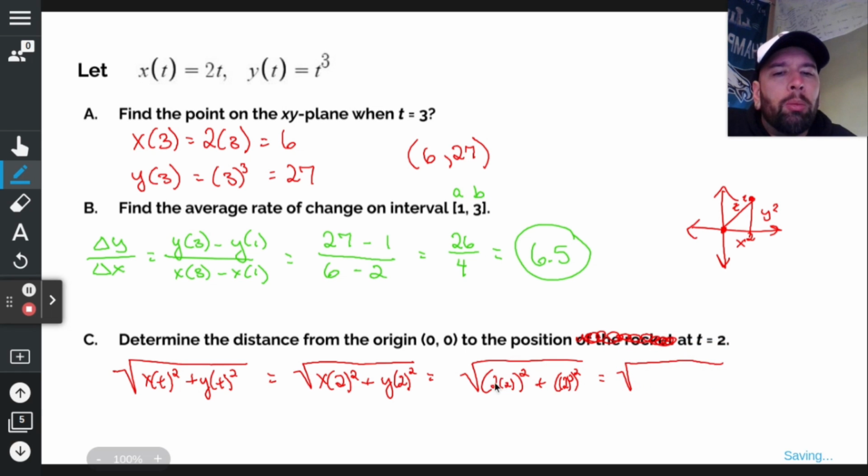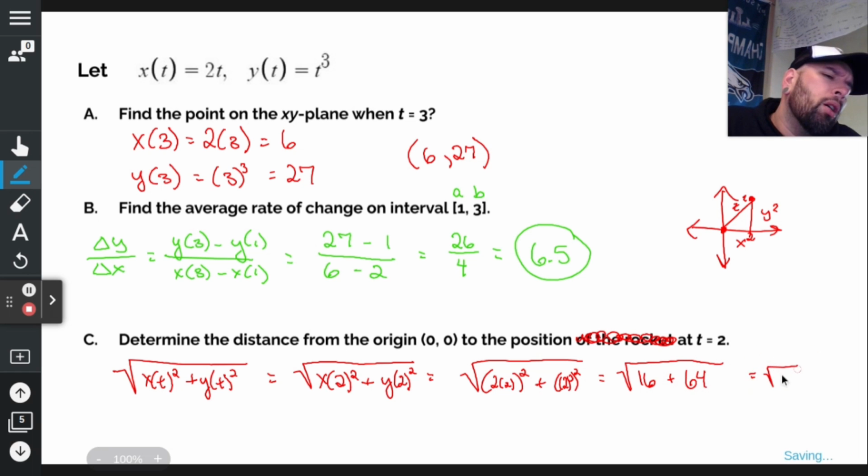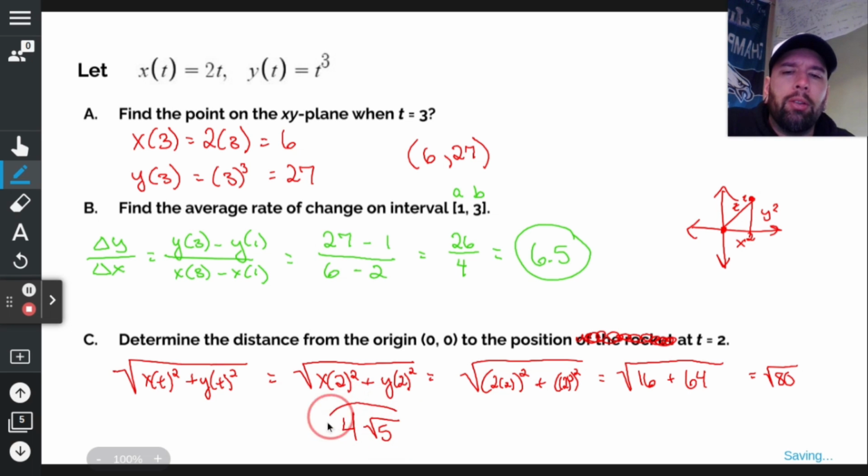So that's going to be 4 squared is 16. 2 cubed is 8. 8 squared is 64. That's going to end up being the square root of 80. 80 is 5 times 16, so we can rip out a 4. And we're left with 4 square root of 5. What's the distance?